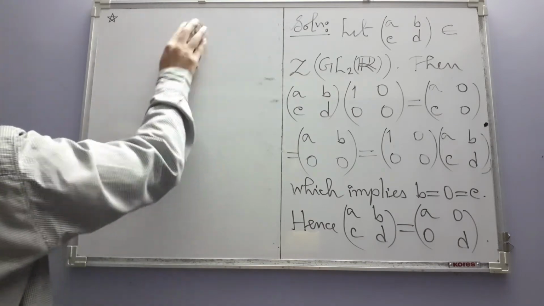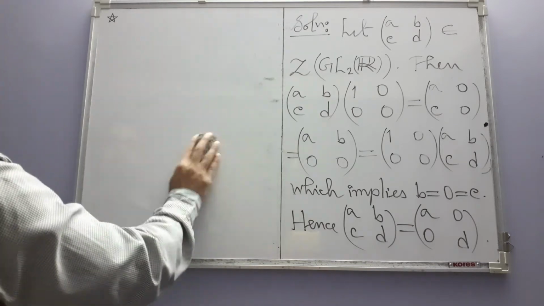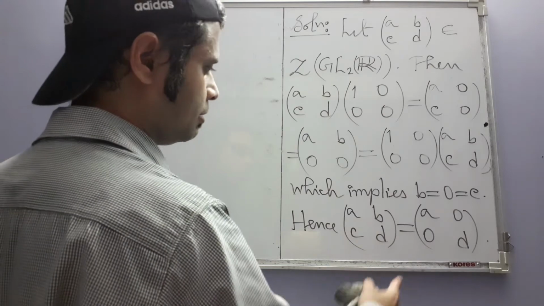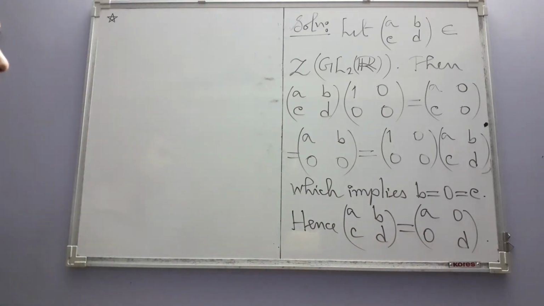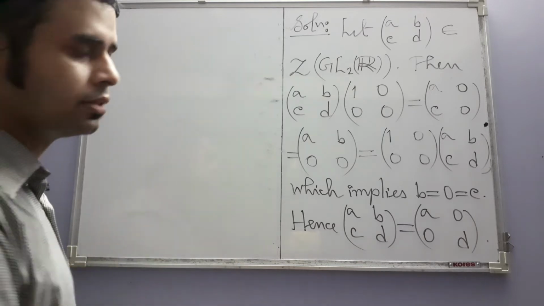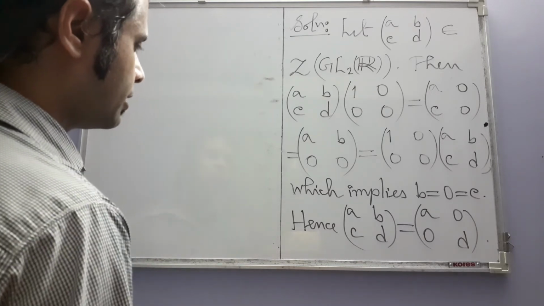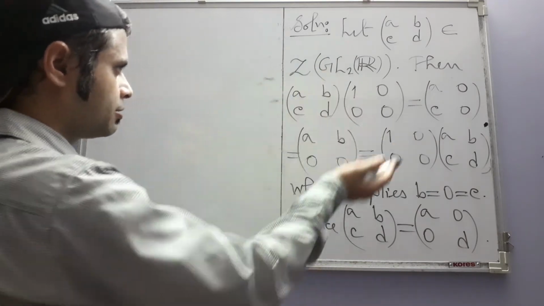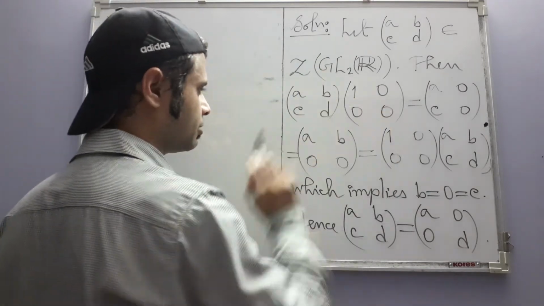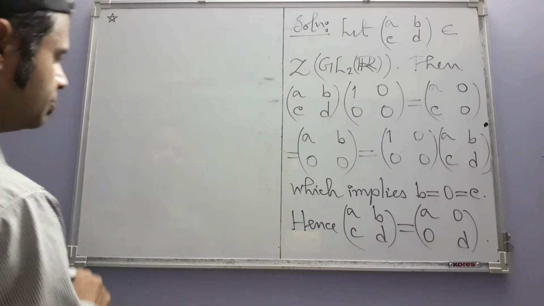And for that one, we are again going to use the fact that our ABCD, which now turns out to be a diagonal matrix, still commutes with everything. So in particular, it will commute with another such matrix where all the entries are 0 except this one, the first row, second column entry.